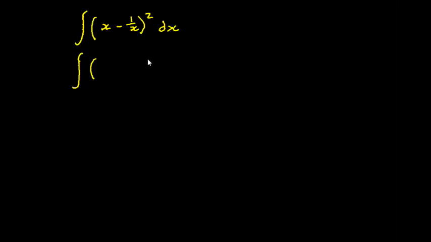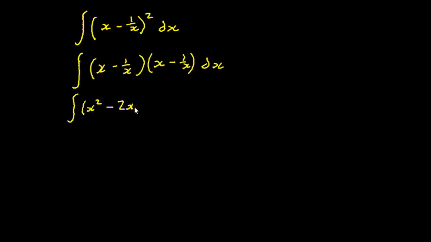So if I did that, I'd have x and then I'd expand the brackets and I would get x squared take 2 plus x to the minus 2.